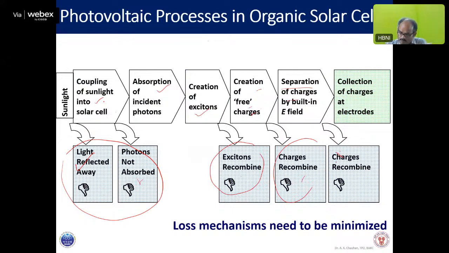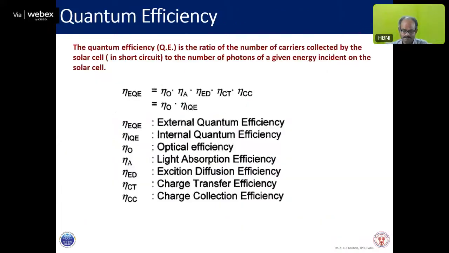If they do not recombine, then these are collected at the electrodes, and only then will these flow through the external circuit. So ideally all these loss mechanisms should be zero. You cannot make them zero for sure, so we have to minimize them.